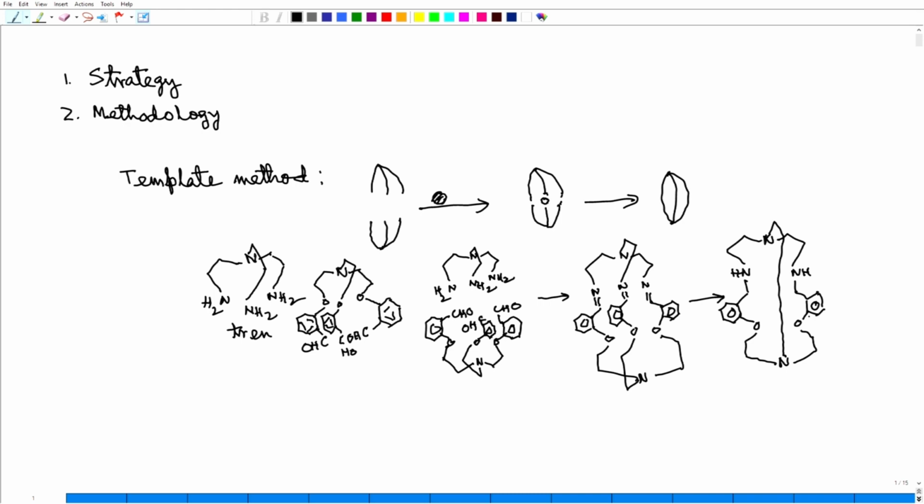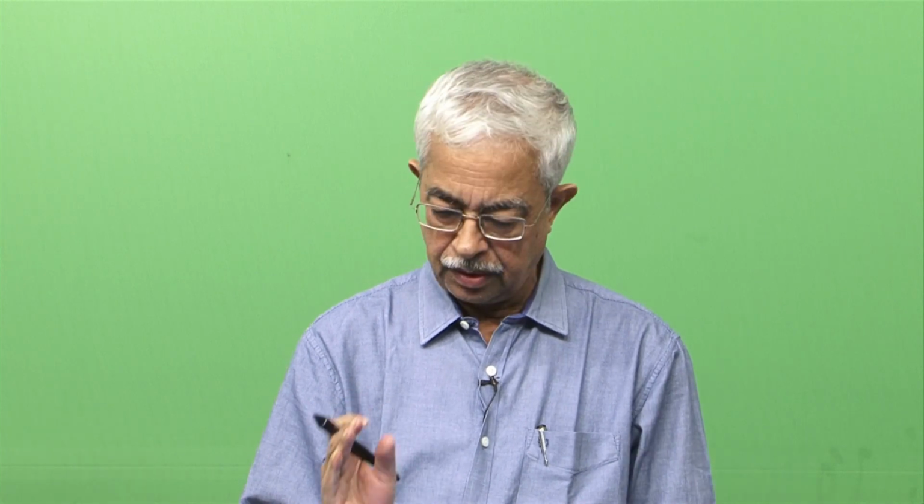For 2 years we struggled. Usually when people take a template, they take transition metal ions. We used to take all first row and second row transition metal ions and try this reaction, and this reaction never succeeded.